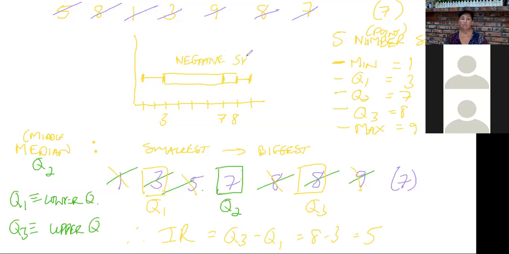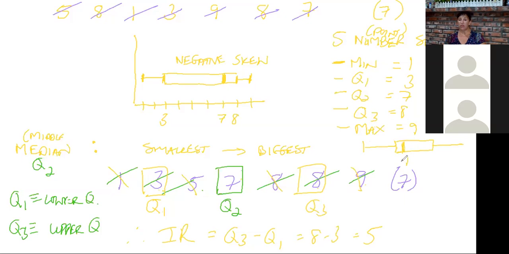It actually, for me, feels like it should be the opposite, because this line is more towards the right, so I'm thinking more positive, but it's not. You just have to learn that when the median is closer to Q3 than Q1, then it is negative skew. Opposite would be something like that.